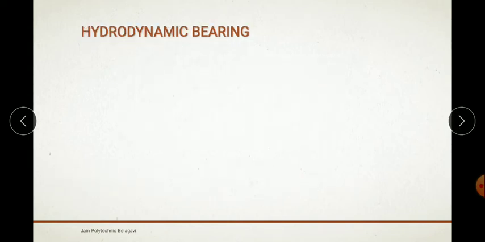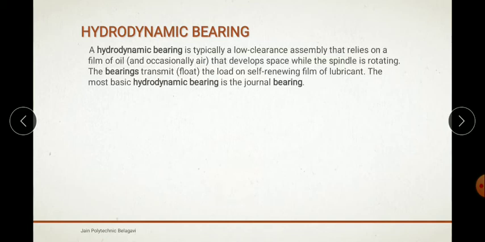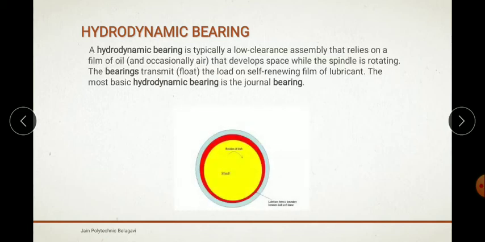Next comes the hydrodynamic bearing. Here in the figure you can see the hydrodynamic bearing. Basically, here we can see the red line. The red line is the lubrication. This is the shaft, and this is the boundary. In the hydrodynamic bearing, the lubrication oil helps the shaft to rotate.